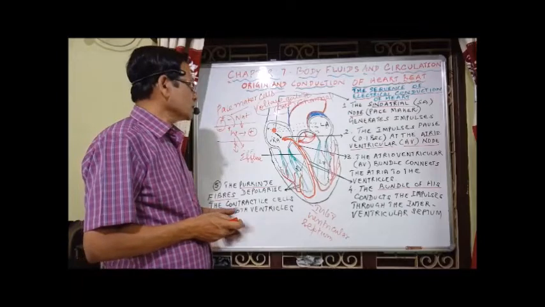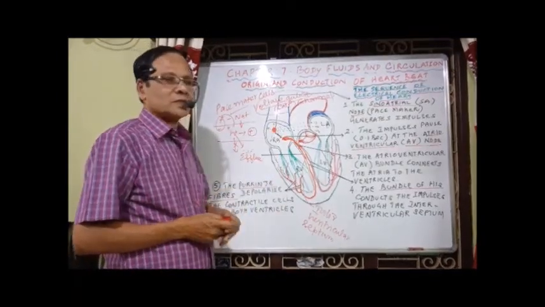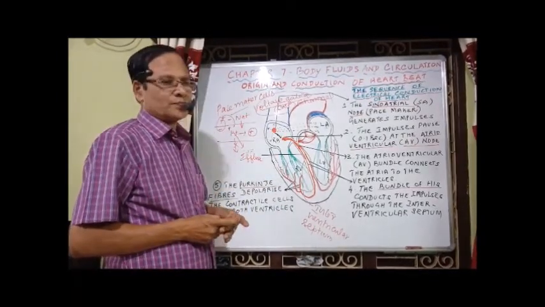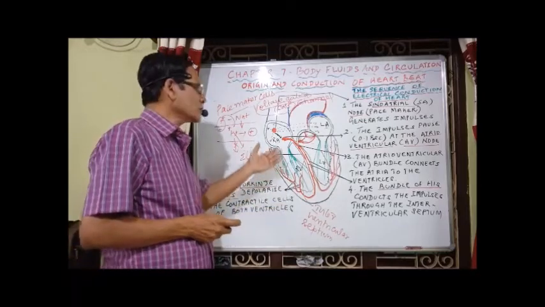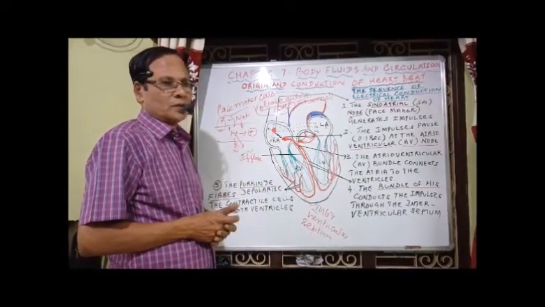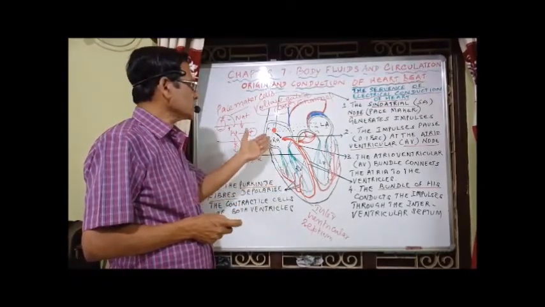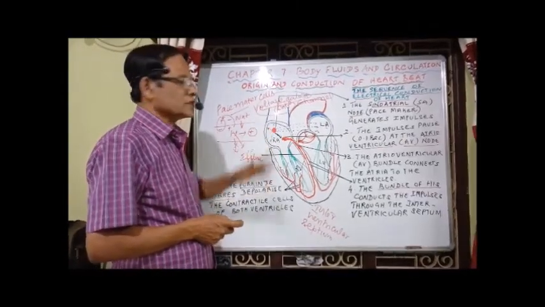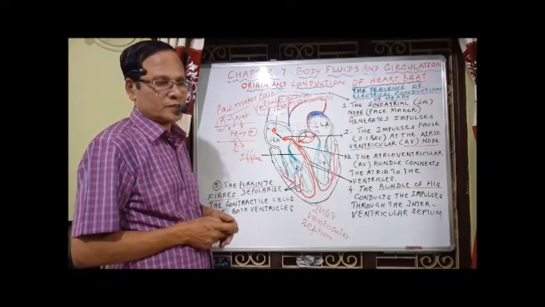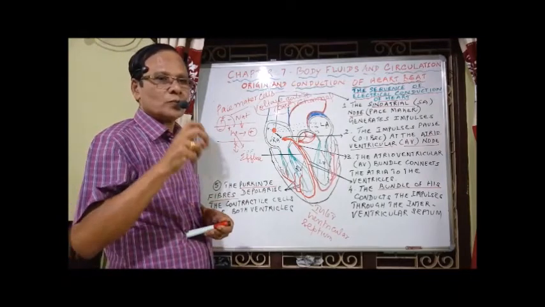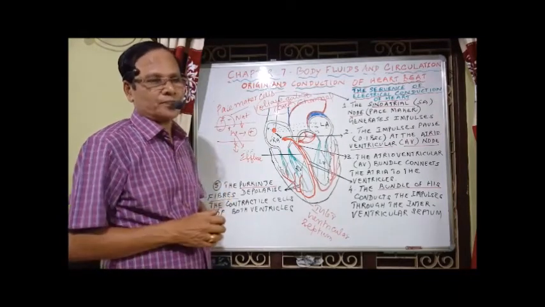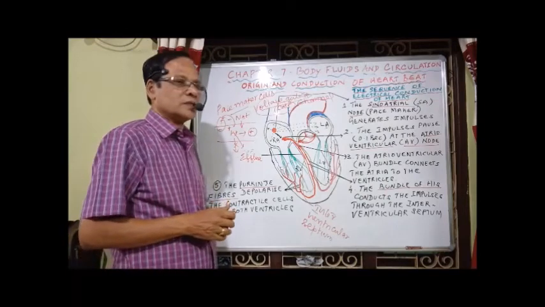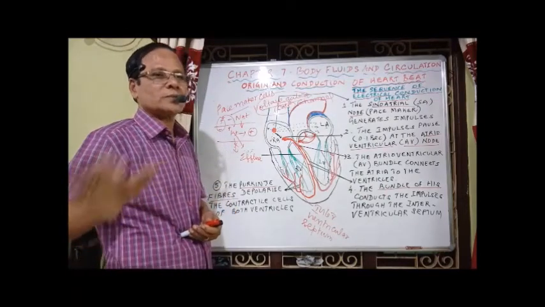Remember that one. Now the excitation resulted because of the depolarization. That ultimately results in contractions. And that contraction is initiated by the cells found in cardiomyocytes. Then the membrane becomes depolarized. That results in action potential that leads to the conduction of impulses.